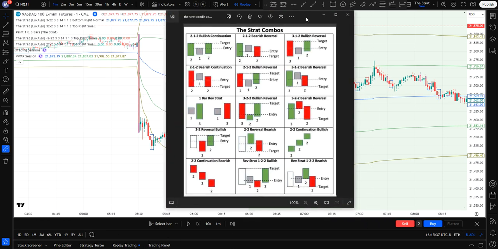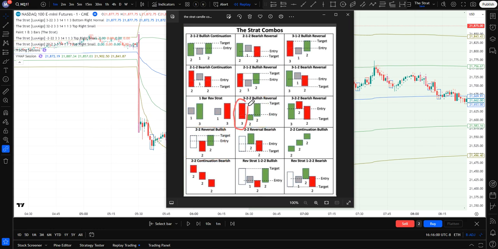The candle combinations that I use are in regards to the Strat candle combinations made popular by Rob Smith, I think his name is. Basically what I'm looking for is one of these if I'm going long, like in this situation we have back here.